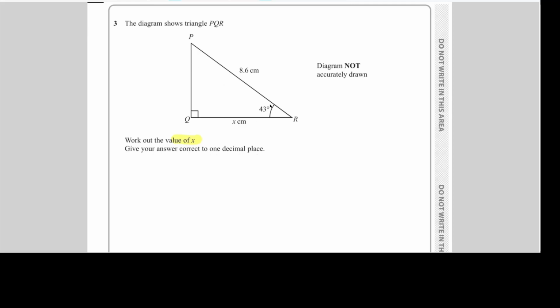When we are given a 90-degree triangle, there could be 2 types involved. The first type is SOHCAHTOA. The other type is the Pythagorean theorem. How do we decide when to use the Pythagorean theorem and when to use SOHCAHTOA?